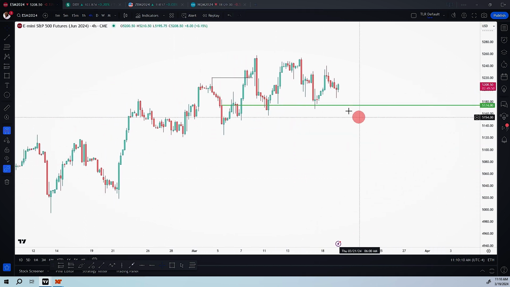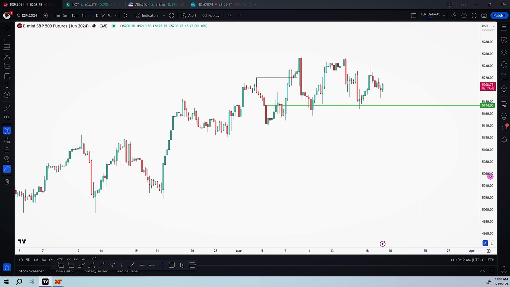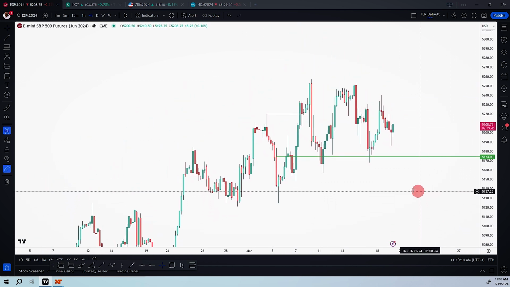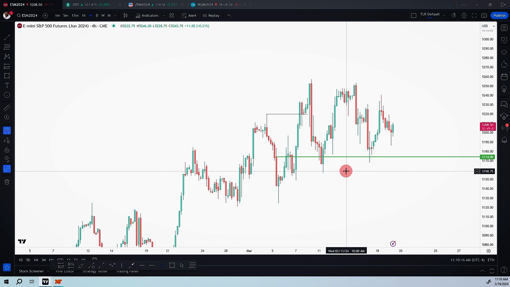I can say this about the higher time frames: I don't make entries off of the higher time frame.